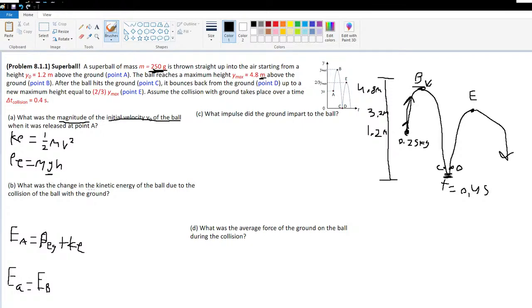So I'm on with the problem. For part B, what is the change in kinetic energy of the ball due to the collision of the ball with the ground? Okay, so once again, this is actually a really straightforward question.